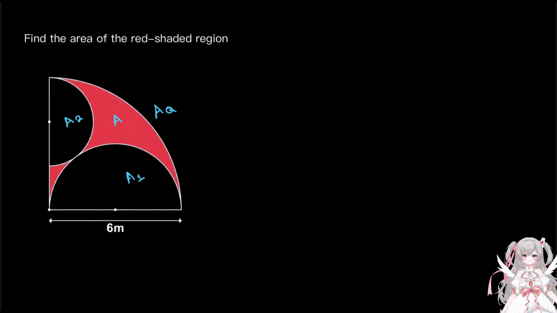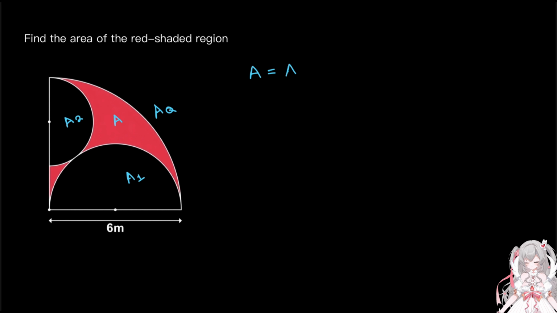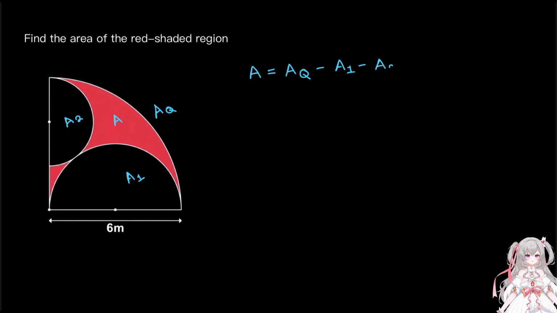Now, the main concept behind solving this problem is that we need to subtract the areas of these two semicircles from the whole area of this quarter circle, so we can formulate this by setting up the equation, which is A is equal to AQ minus A1 minus A2.